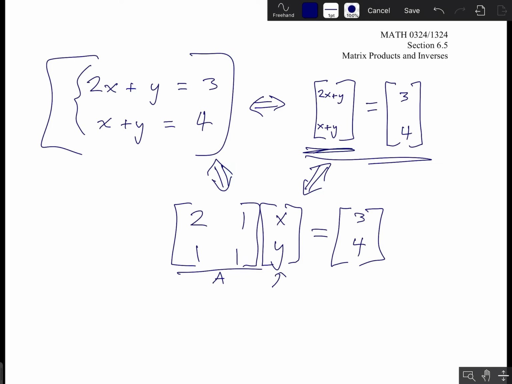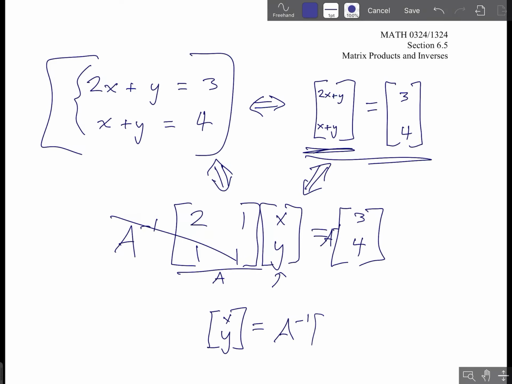So if I multiply on the left by A inverse on both sides of this equation, then this A inverse will cancel with the A, and the left side will become the column matrix xy, and the right side will be A inverse times 3, 4. And you can go back to that previous problem if you actually wanted to solve this system in this way. This would give you some number and then some other number, and that would be your x and the y value that solved the original system.